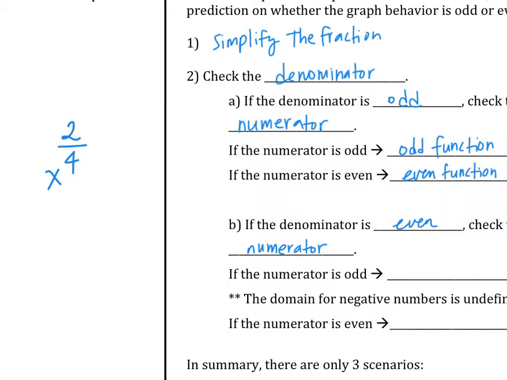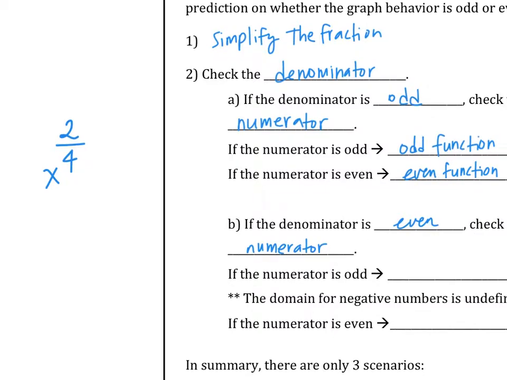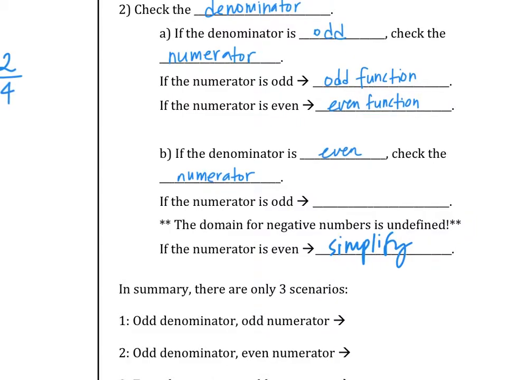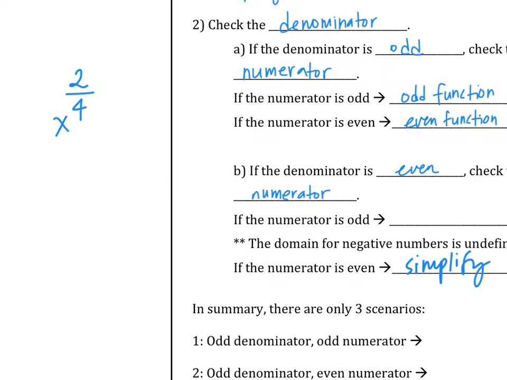Even means you at least can divide by 2. So if the numerator is even, you need to simplify. You didn't simplify enough. You couldn't really look at what the denominator and numerator really are. So you got to simplify.